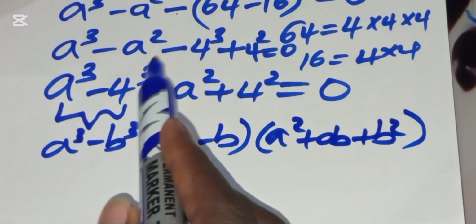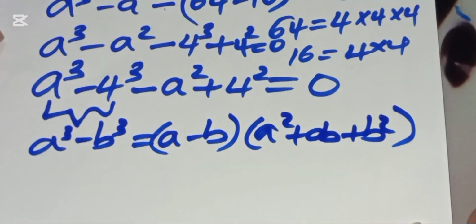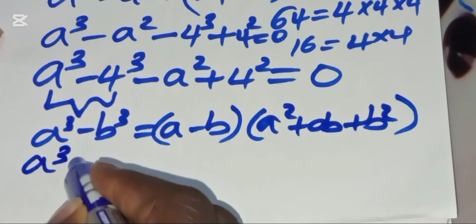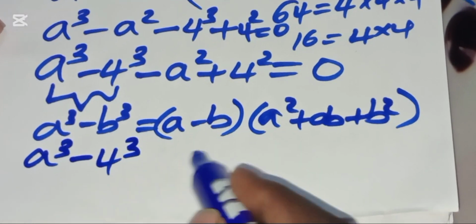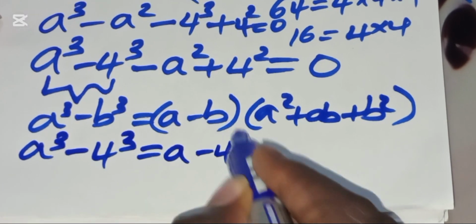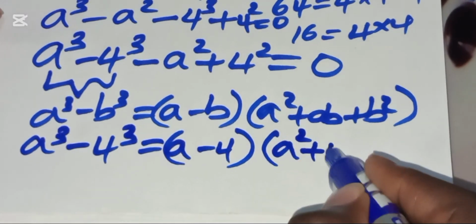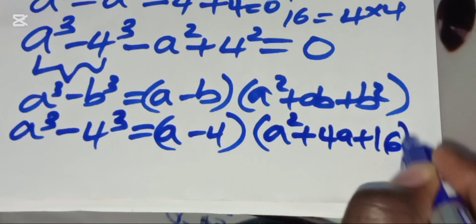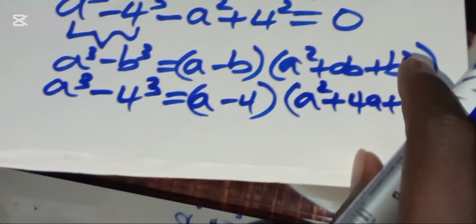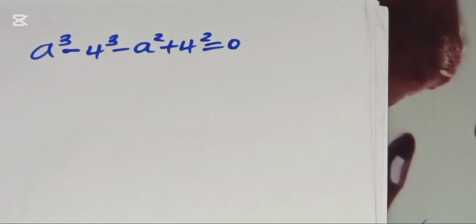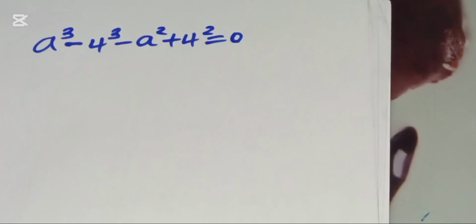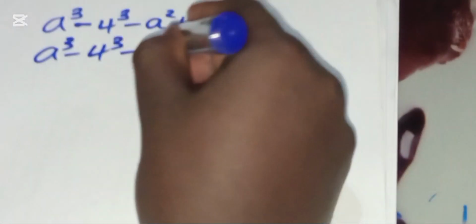So a cubed subtract 4 cubed is the same thing as a minus 4, a squared plus 4a plus 16. And we can express this as a cubed minus 4 cubed subtract, into the brackets, a squared minus 4 squared, which is equal to 0.